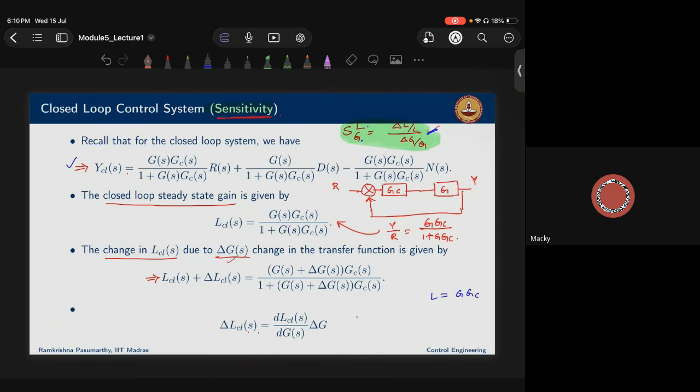Now L should be the closed loop transfer function because of this feedback. So this is your L, which is G GC by 1 plus G GC for the closed loop transfer function. Now if there is a change in G, there will be a change in L also. That change is delta L. If you substitute them, this is what you get.